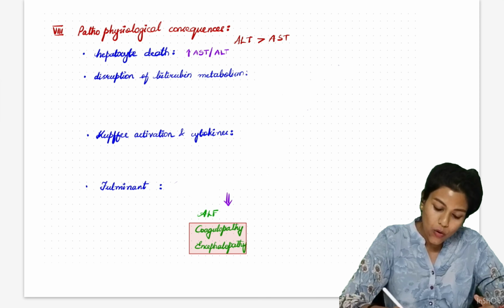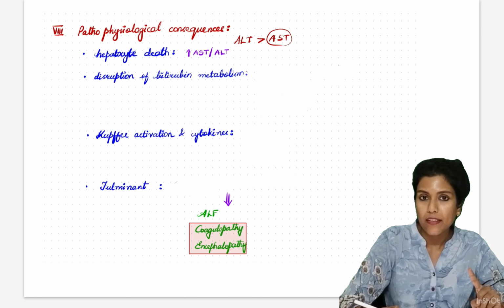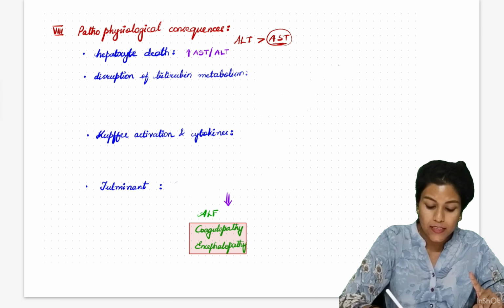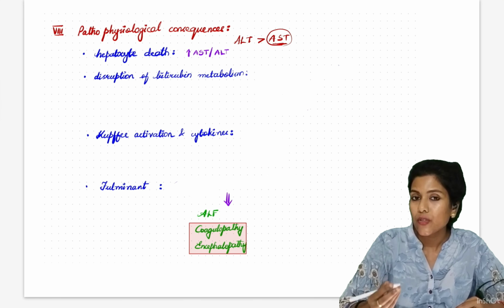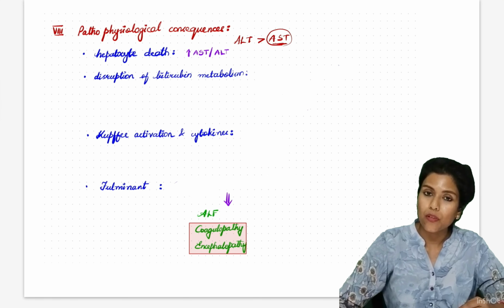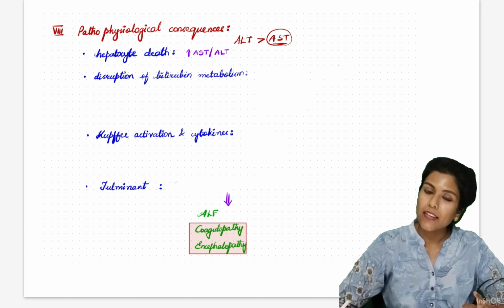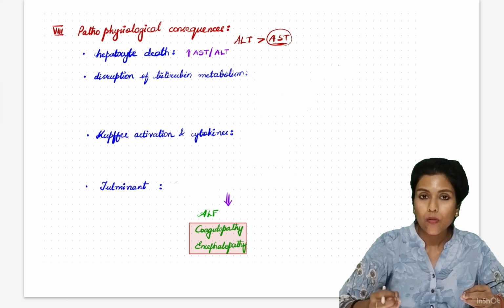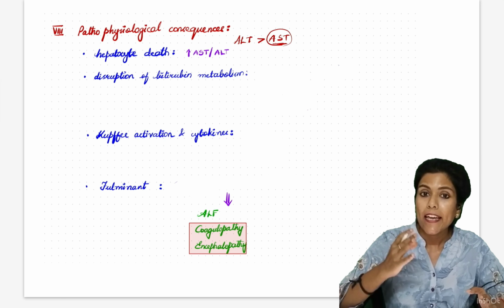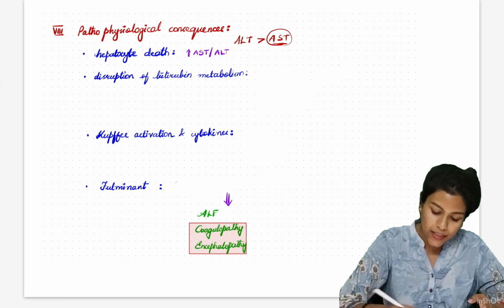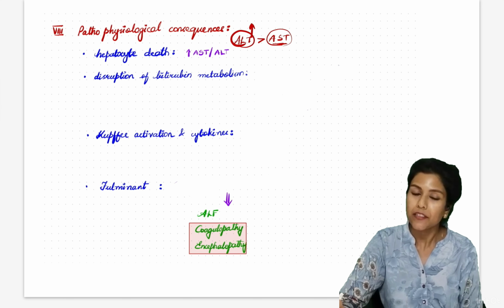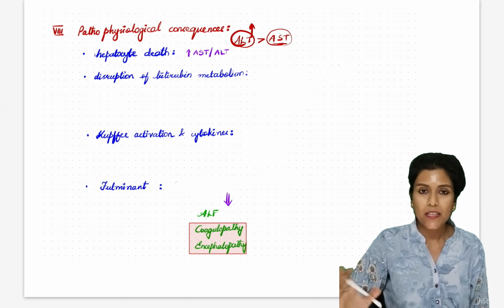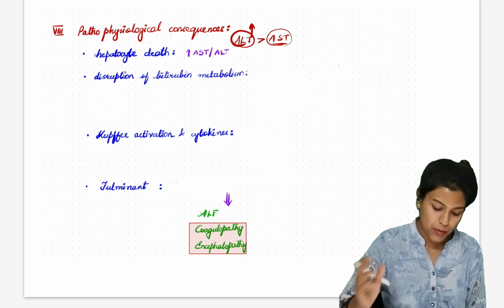In alcoholic hepatitis, AST will be raised, since AST is mainly present inside mitochondria as well, and alcohol causes mitochondrial injury. That we'll discuss in detail in alcoholic hepatitis. For now, in viral hepatitis, ALT will dominate, though both transaminases will increase, that we can remember.